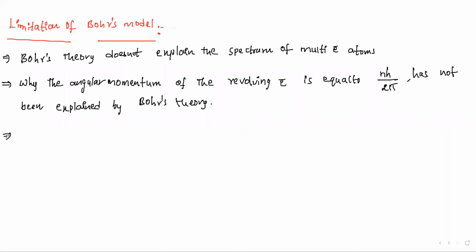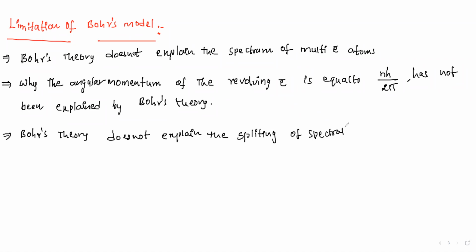Next, Bohr's theory does not explain the splitting of spectral lines in the presence of magnetic field.